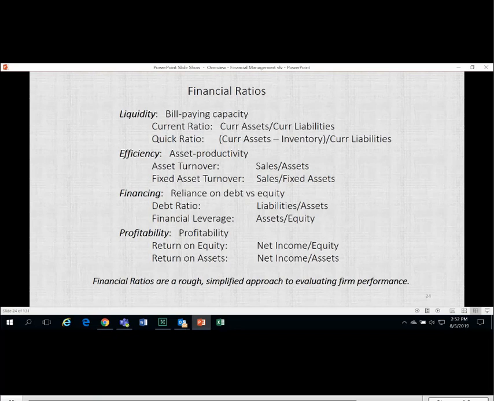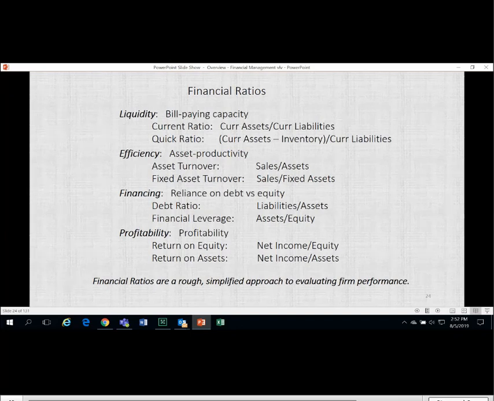Finally, there's profitability. 2 main ones: return on equity, return on assets. Return on equity is fundamentally the most important one. It measures net income divided by equity, and you could think of it as, in an accounting measurement sense, the return provided to the shareholders. Because the shareholders have invested equity, that's their investment.